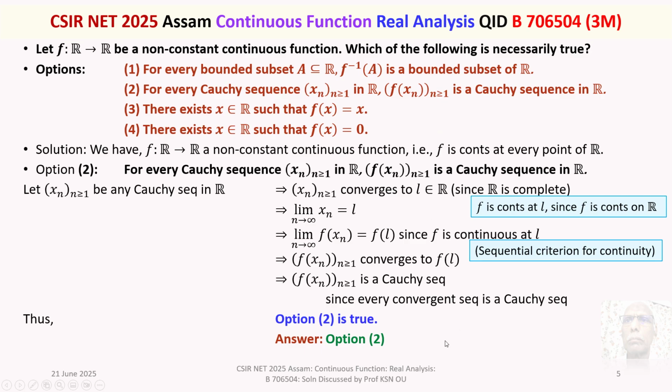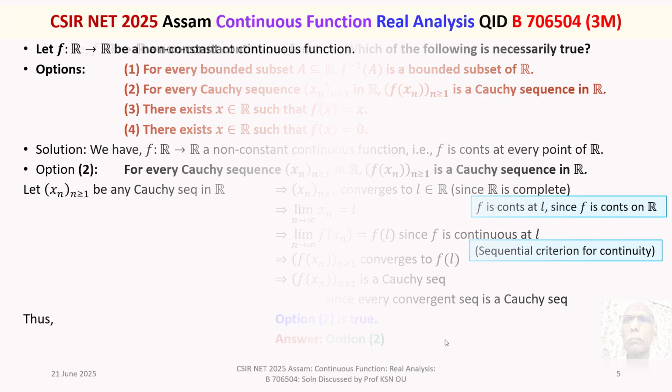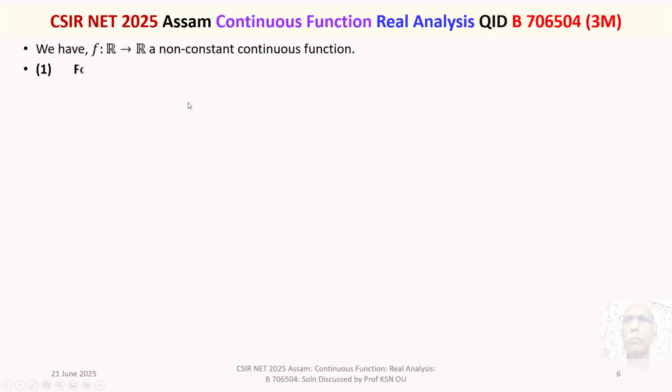I will show you in the next slide. We have f from R to R is a non-constant continuous function. Take option 1. For every bounded subset A of R, the inverse image of that A is a bounded subset of the domain R.